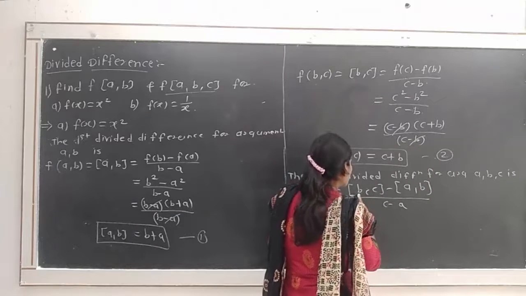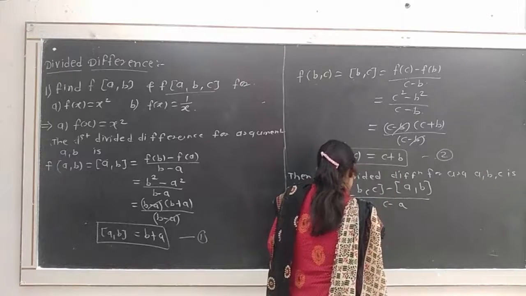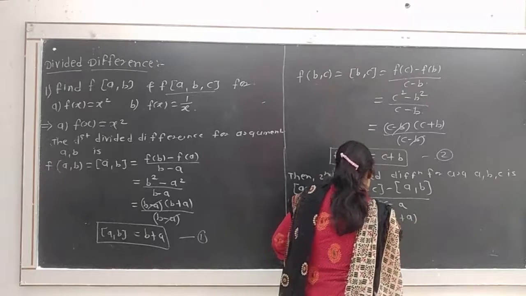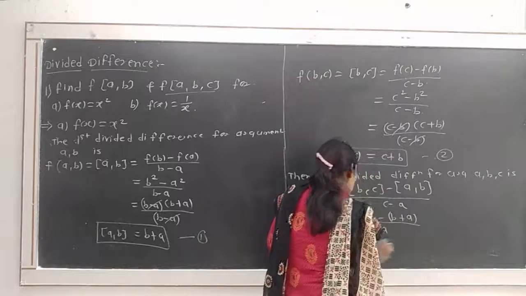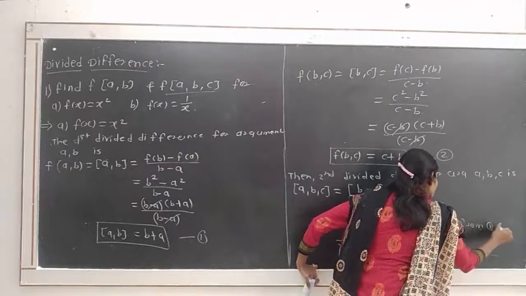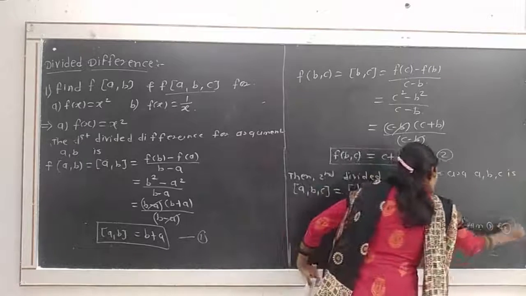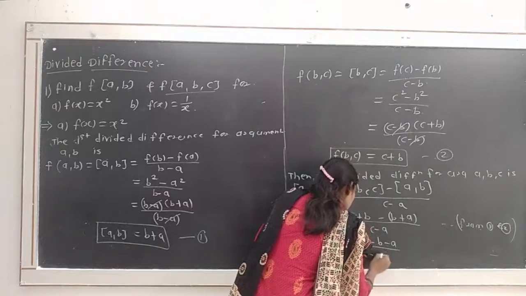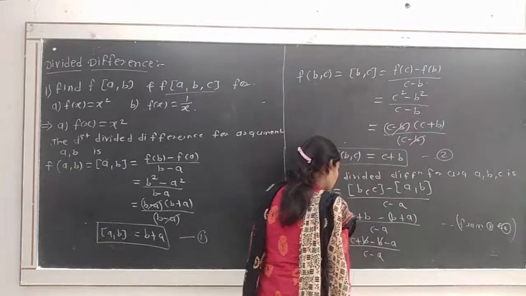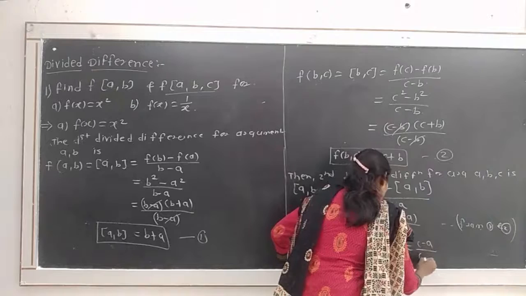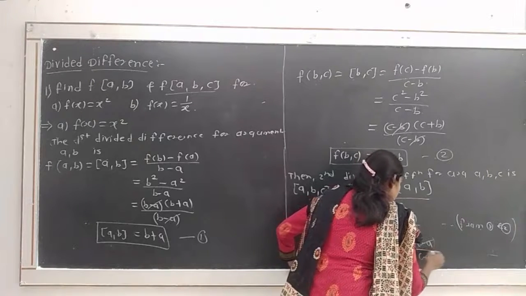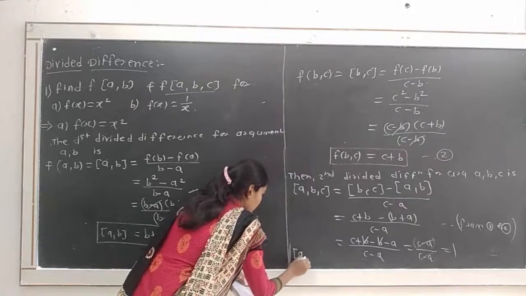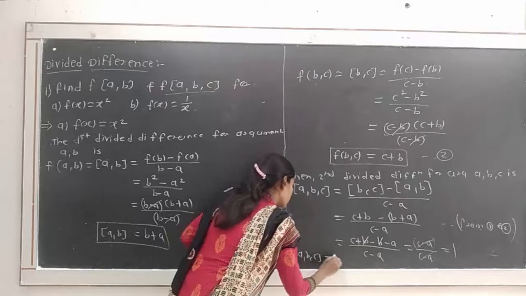So for BC, the divided difference will be C plus B, minus the divided difference for AB, which we get from equation number 1, B plus A, divided by C minus A. Then by simplifying the bracket, we get C plus B minus B minus A divided by C minus A. So B minus B gets cancelled and we get C minus A divided by C minus A. Again C minus A gets cancelled and we get 1. So the second divided difference for the argument, that is f of ABC, is equal to 1.